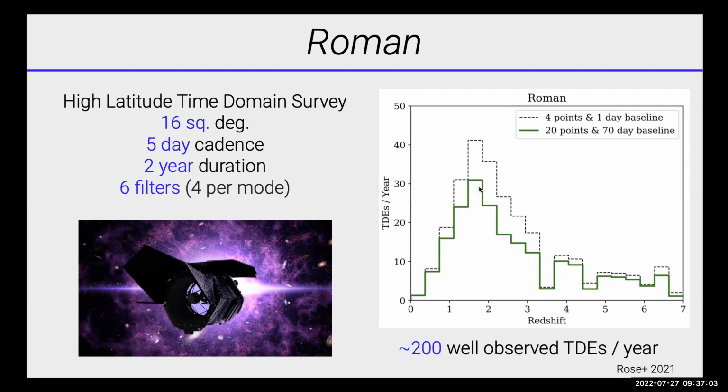So this is not perfect, but it is better than just using random selection cuts, because you are not imposing your own numbers on your search. But yes, at the end of the day, that is going to be a problem. For example, there's a big assumption here that TDEs happen in the centers of galaxies, because that's where the supermassive black hole is. But what if there's an intermediate mass black hole far off from the center of a galaxy causing a TDE? We would not find that. So yes, there are some things we are inevitably biased against.